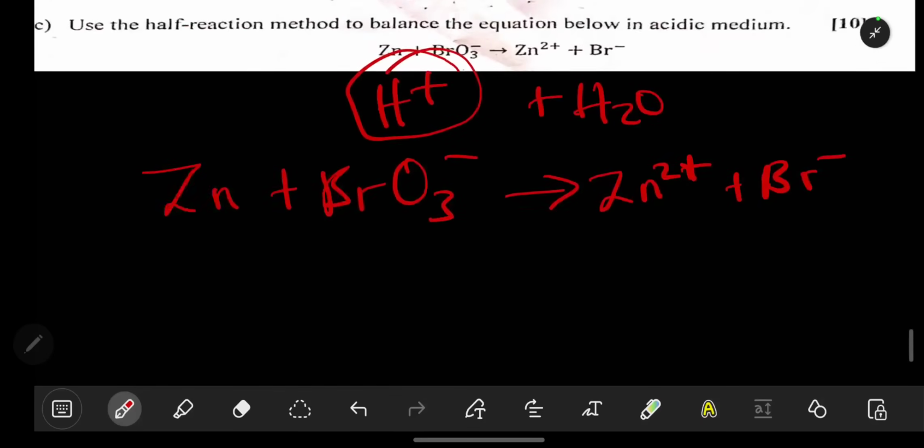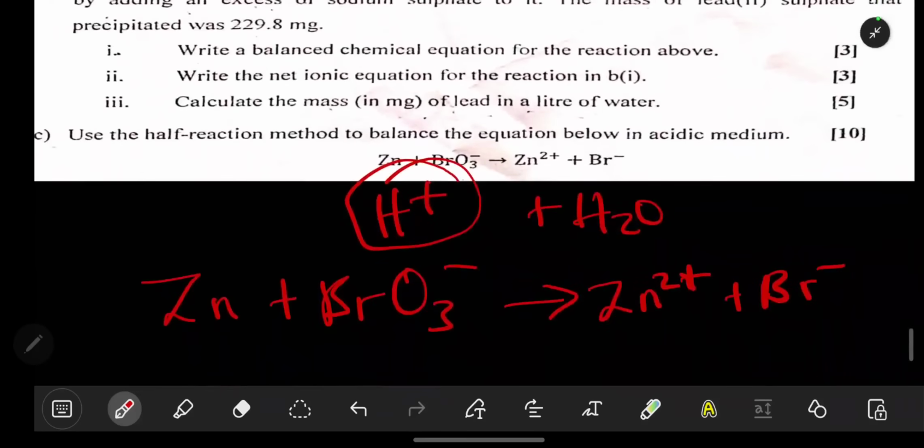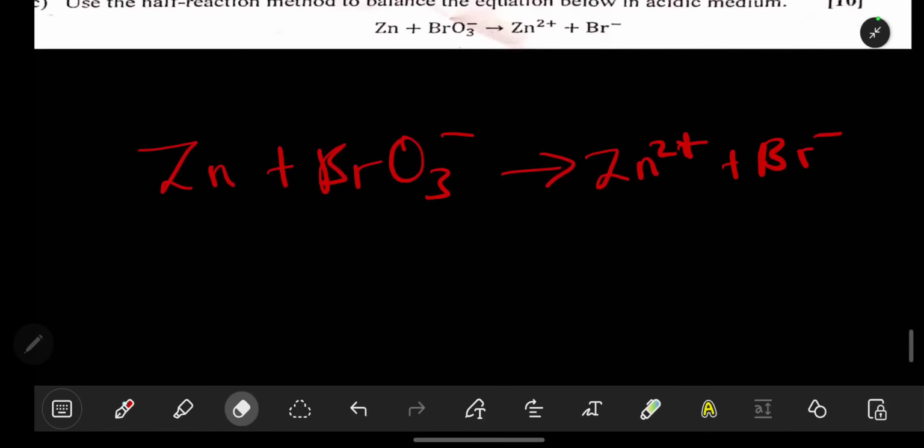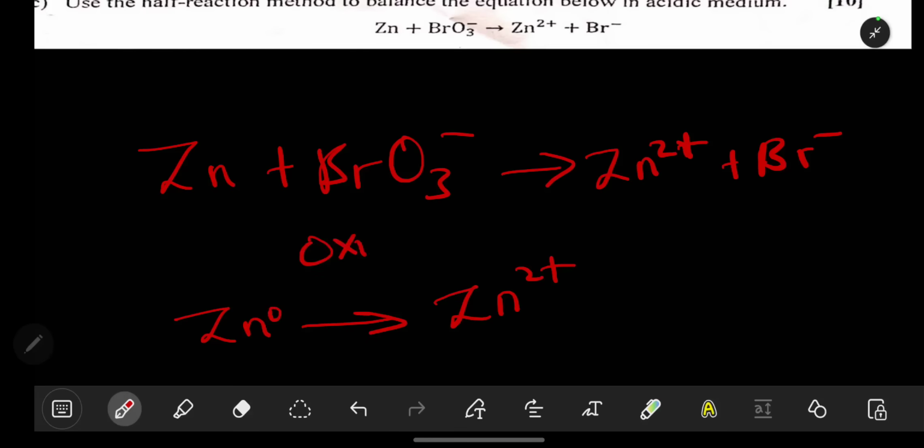So let's write the half reaction. So the half reaction for the first part, which is our Zn. So Zn can become Zn2 positive, so with this type of reaction we have an increase of oxidation state from 0 to 2. So this one we are going to call oxidation. Oxidation is the increase in the charge.